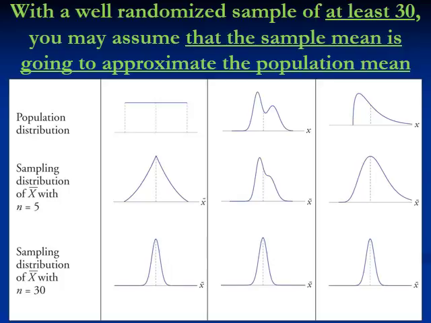You don't really know your population mean, but if you have a good randomized sample of over 30, that is the assumption that you start your calculations with.